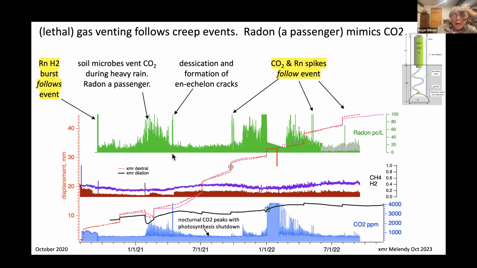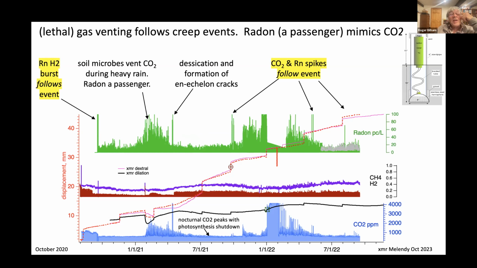And some clue about what might be happening is seen in the springtime of 2021. Here there's a burst of carbon dioxide and radon and no apparent creep event nearby. Now, we were in the field wondering about this, and we noticed that a whole bunch of en-echelon cracks had opened.